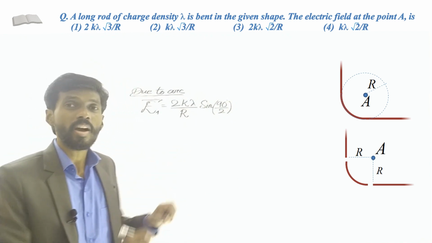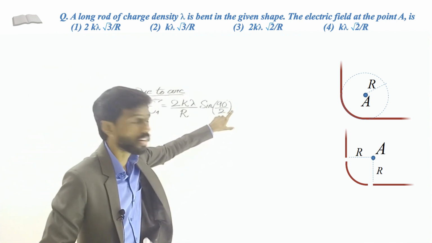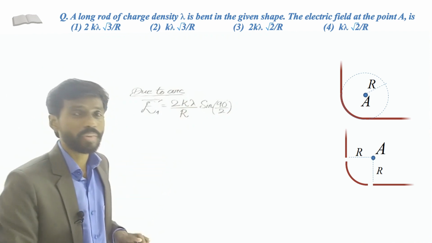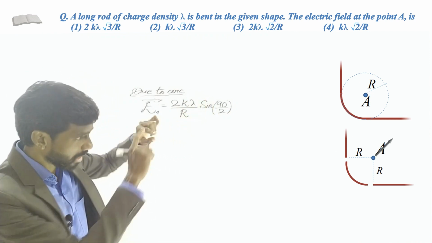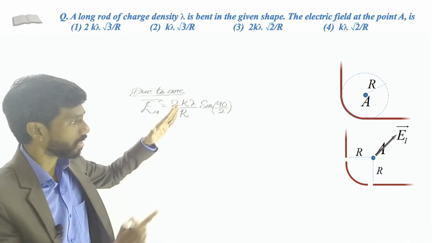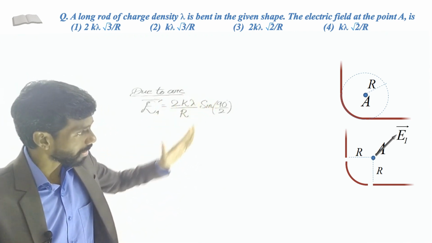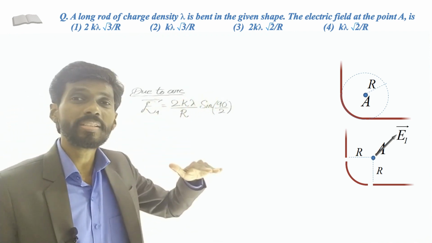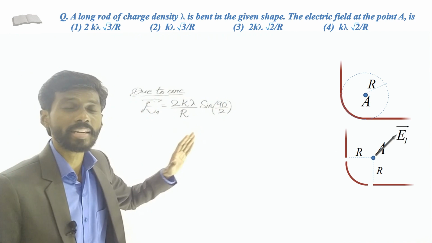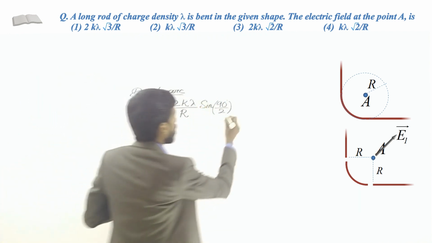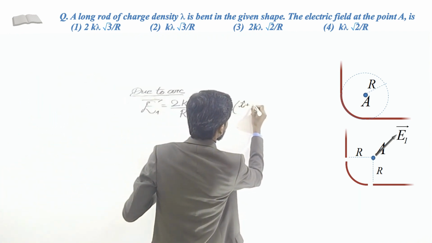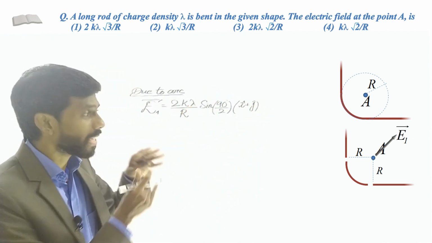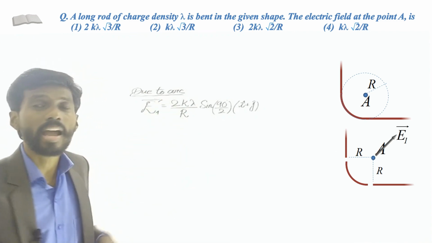Now we need to write the vector form. What is the unit vector along the electric field due to that rod? By symmetry, this electric field will be making an angle of 45 degrees, because it is symmetric with respect to the x and y axis. It's exactly the middle, so 45 degrees. So the vector along this electric field is I cap plus j cap, which makes an angle of 45 degrees with the x-axis and y-axis.